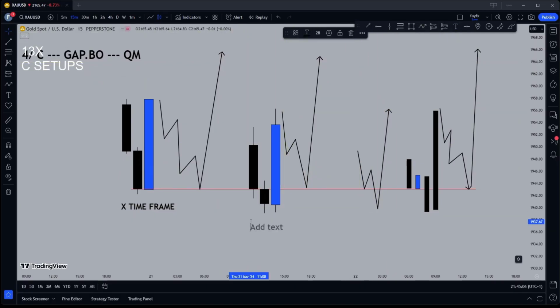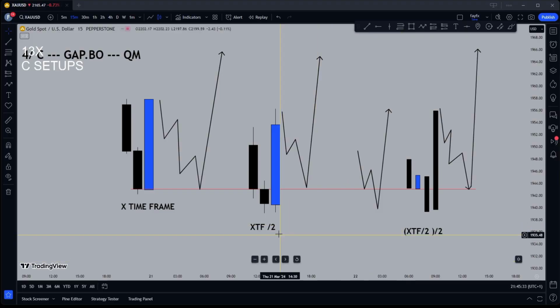This is X time frame. I do the all. Let's give an example here.